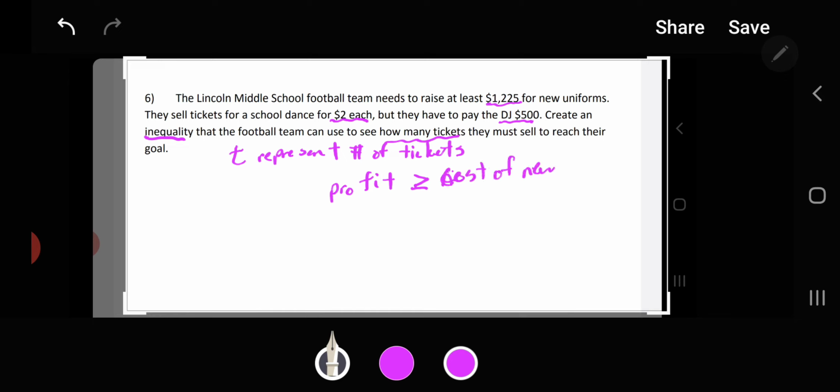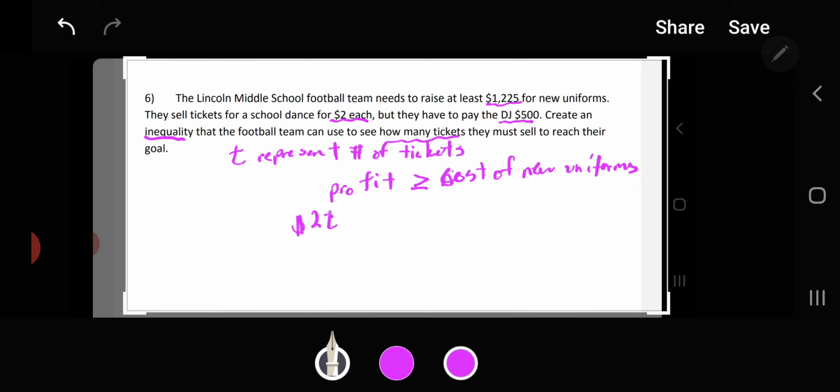And that's what we need. All right, well, let's find the profit. Well, the profit is, of course, $2 for each ticket they sell. So $2 times T. Once again, T represents the number of tickets.